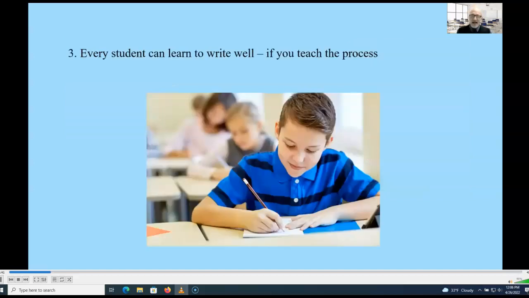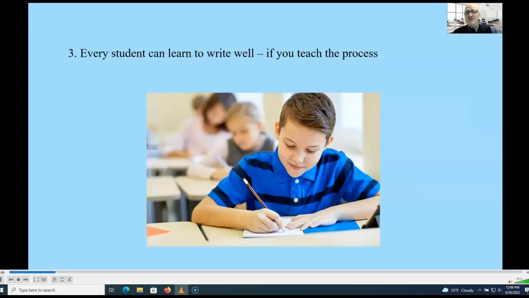Every student and every adult can learn to write well if you teach the process. If you don't teach the process, how you go about it, they won't necessarily get better. You teach the process instead of just describing what the end product should look like, which was the traditional approach. This is what must be included.